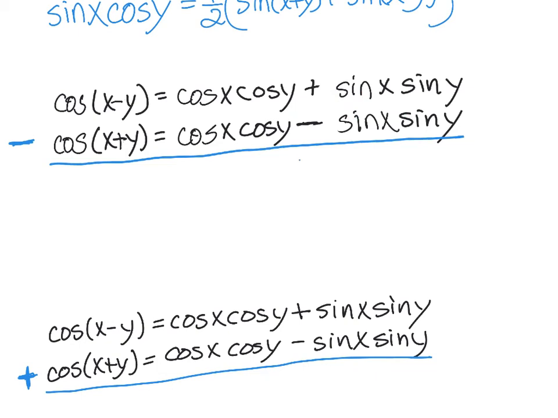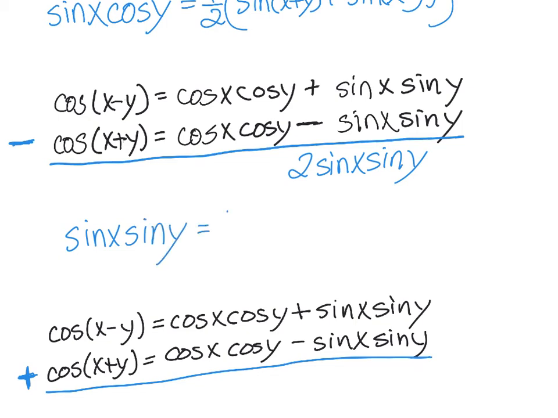So we're going to get 2 sine of one of the angles, sine of the other angle. So for this problem, we have subtracted these guys and gotten 2 of the sine times the sine. So anytime I need to replace the product of the sines of 2 different angles, I can get the difference of the cosine of the difference and the cosine of the sum.